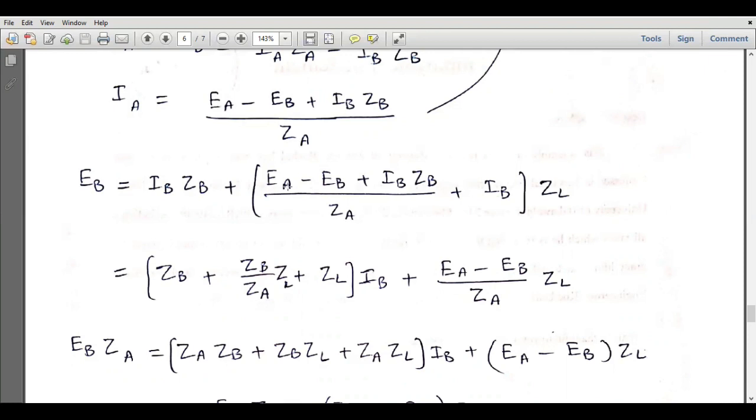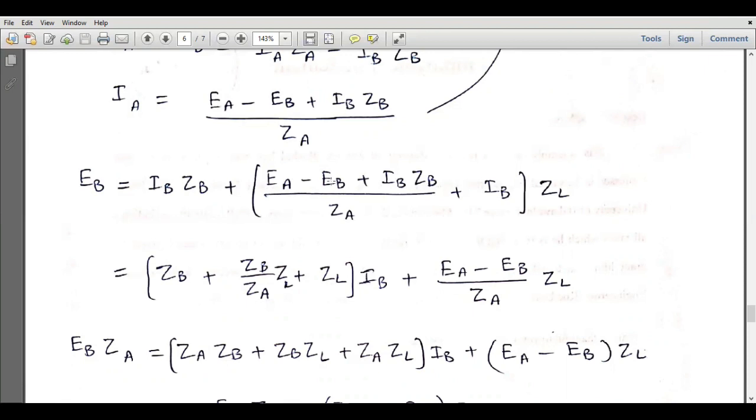So we will collect all the terms which involve IB, because we will take IB as common at the end. So this term has IB, so this is ZB, and this term has IB, so it will become ZB over ZA times ZL. So it will be placed over here, and this term is ZL times IB, so we will write ZL over here and we will take IB as common.